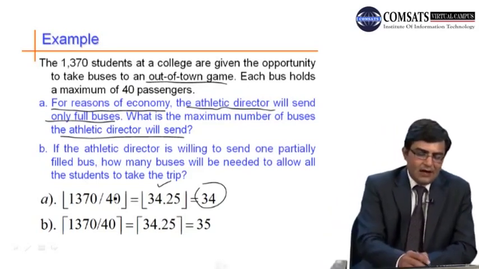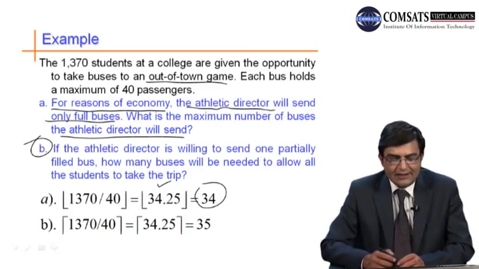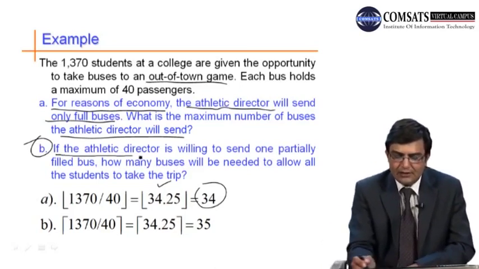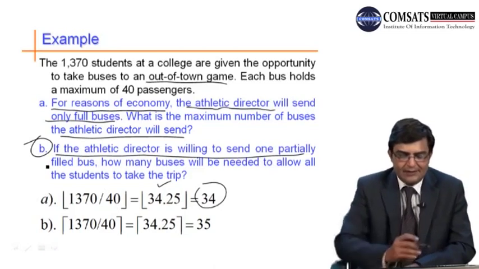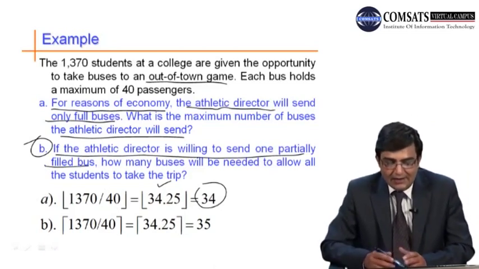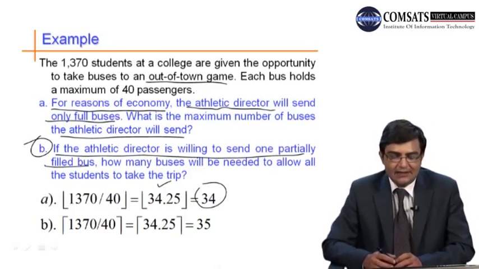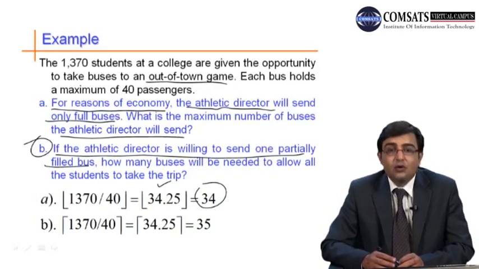In the second part of this example, the athletic director is willing to send one partially filled bus. In part A, as we have seen, some students were left behind and couldn't go to play the game.